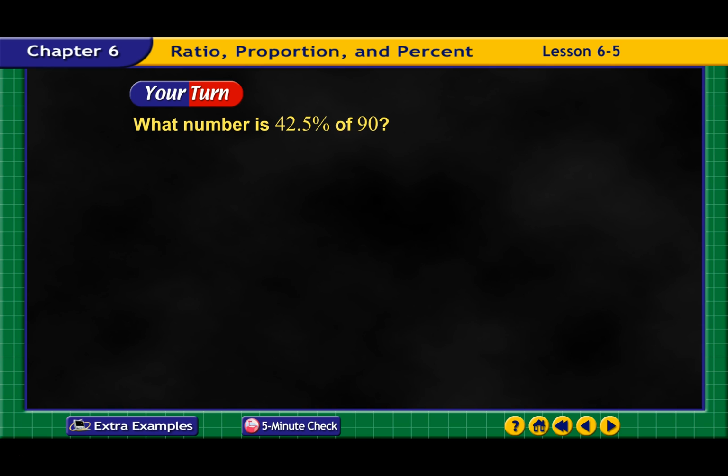On your mark, go. All right, so my base is 90. This is my part, and this is my percent. So we'll set it all up. Base of 90, and part, we're going to call it A because that's what they told us to do, 42.5 over 100.